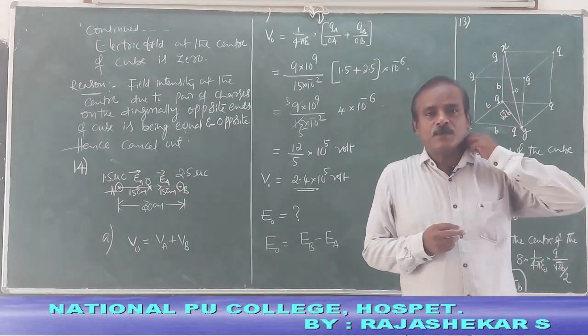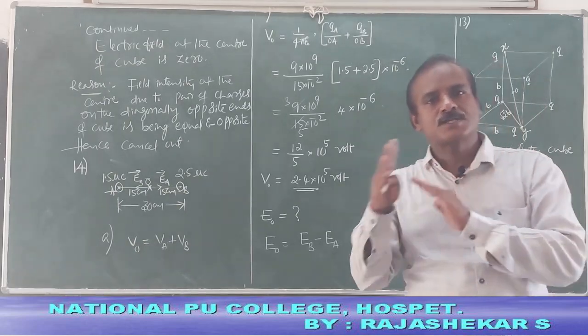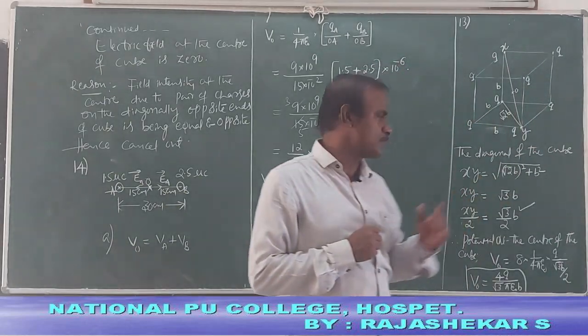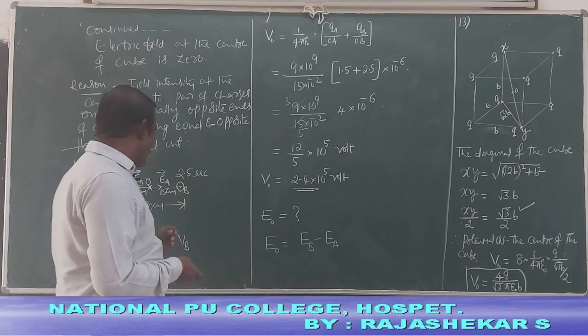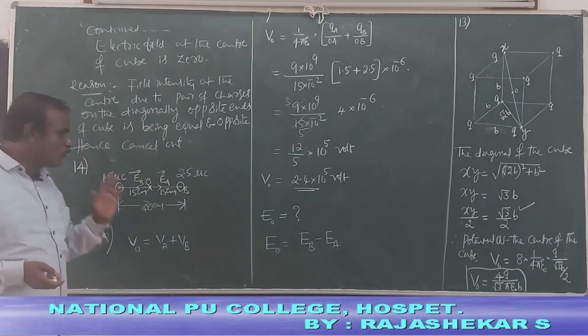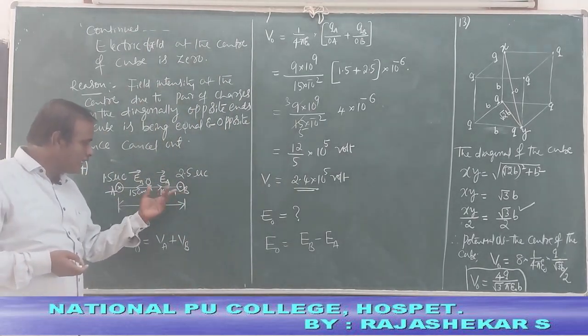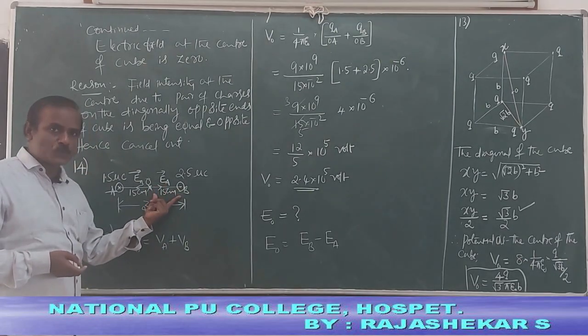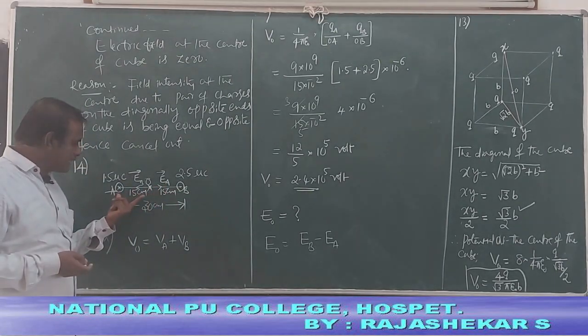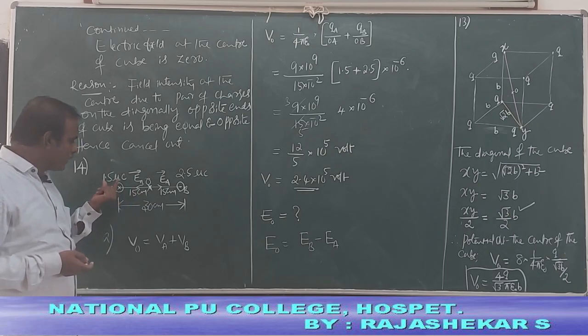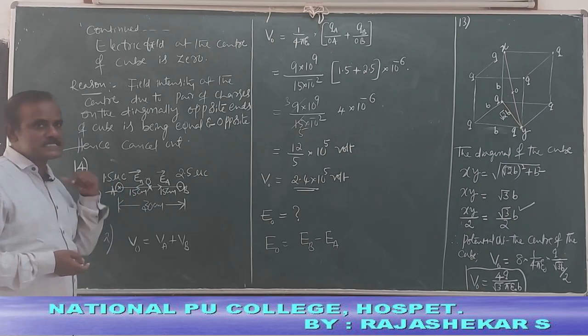Resultant intensity would be in the direction of the larger value. And what is EB? 1 by 4 pi epsilon naught Q divided by the distance square. What is EA? Similarly, 1 by 4 pi epsilon naught, this charge divided by the distance square.